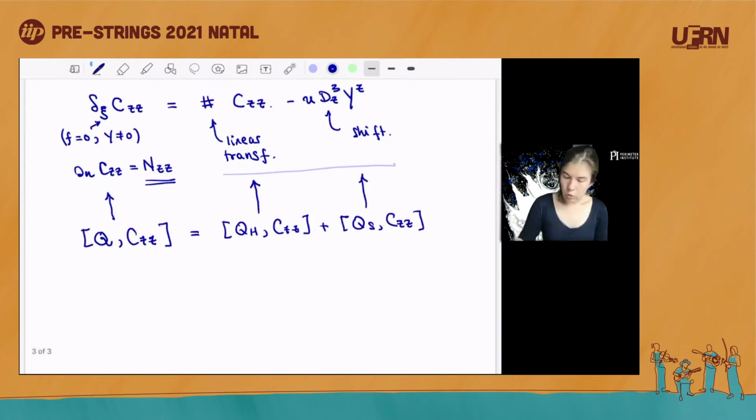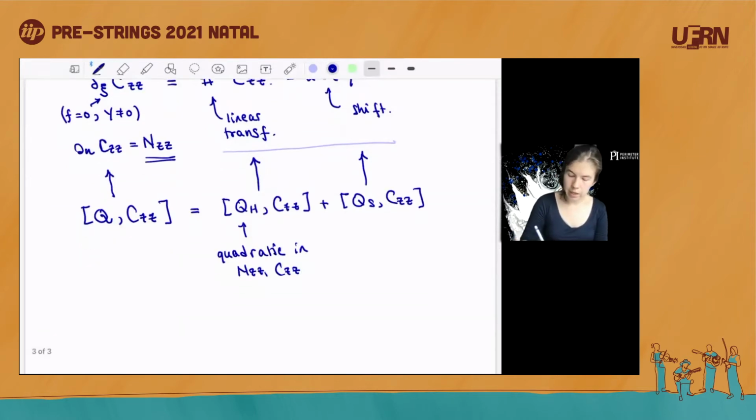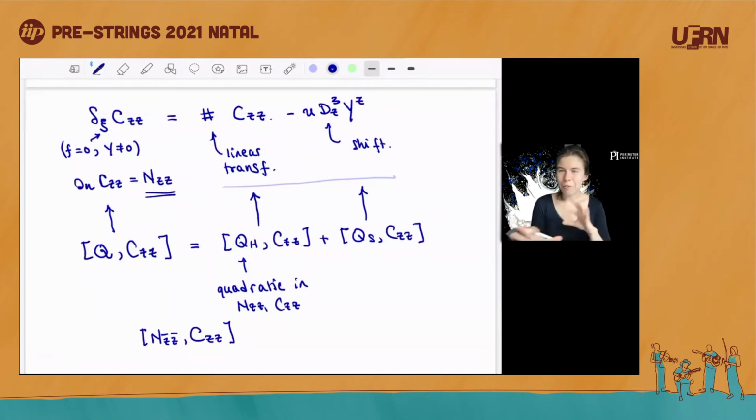Now, one can write down explicit expressions for both Q hard and Q soft. And it turns out that this Q hard is quadratic in NZZ and CZZ. How can we see this? We can see this by recalling that NZZ and CZZ obey the canonical commutation relations. You can see that these are like on the phase space, right?